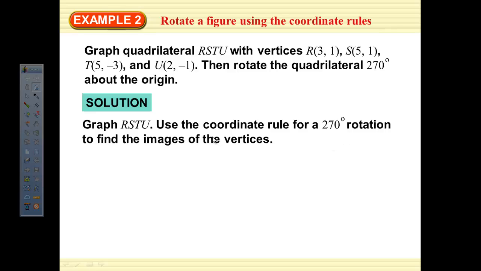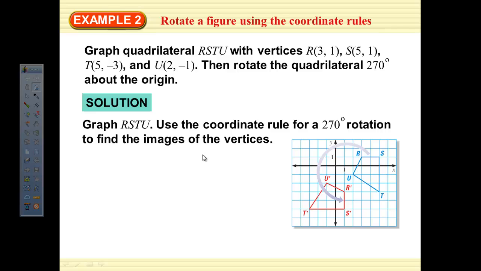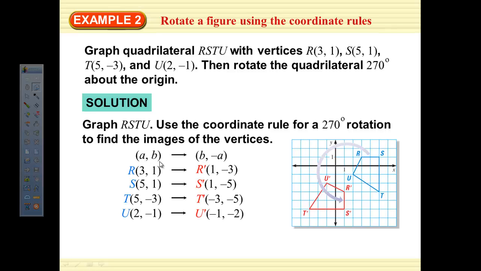There's an easy way to remember those, but the rule is (a, b) becomes (b, negative a). So going around, we change the values for each of these, which means we flip them and make the y coordinate negative.